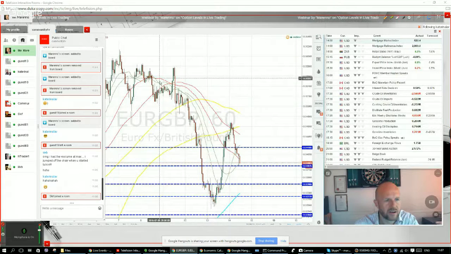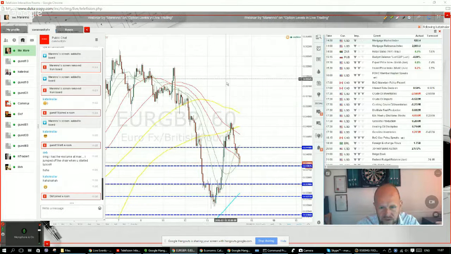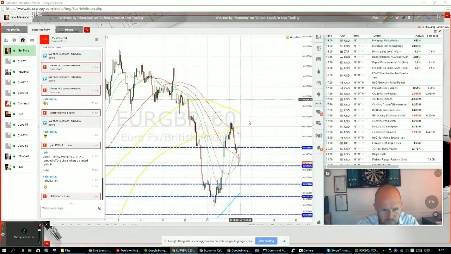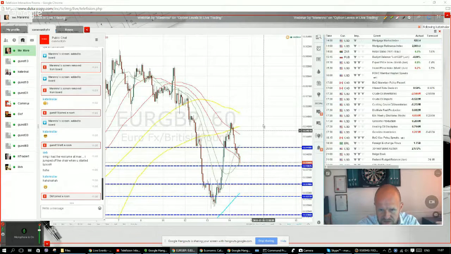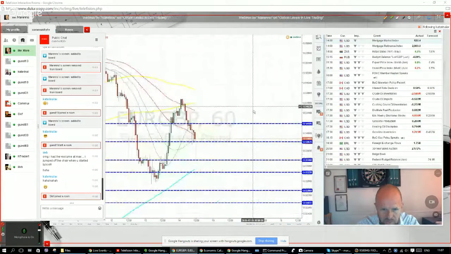Okay, so that's what I think about Euro Pound. Basically I want to buy it with the first target at 0.84185. You can use these levels to watch price action around them. Let me make it a bit bigger.